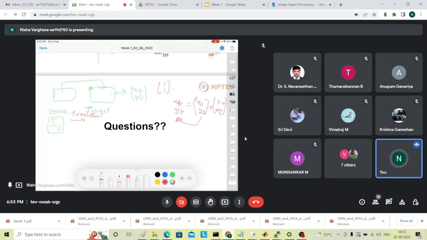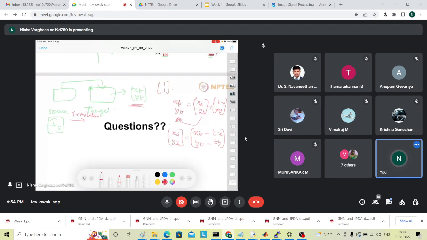So you will write the equation in the opposite form: xs, ys is equal to xt minus tx and yt minus ty. Then this translation you apply on every target position.